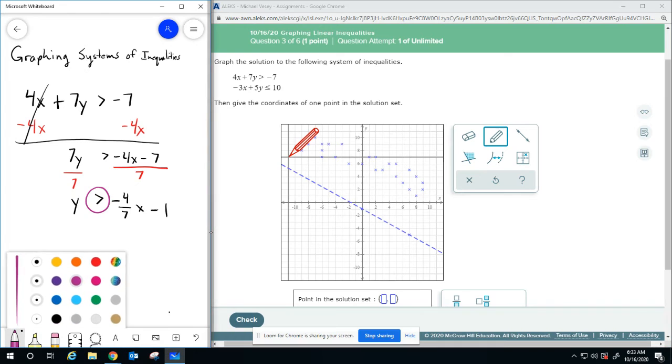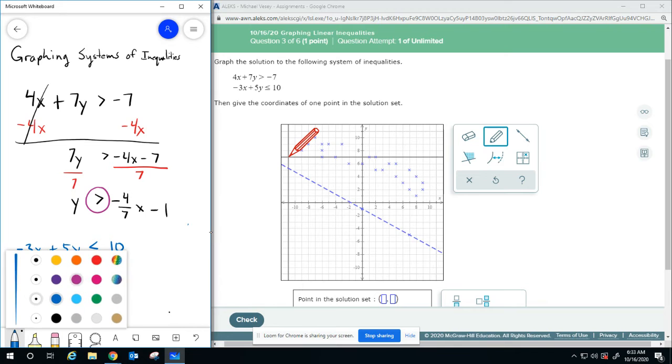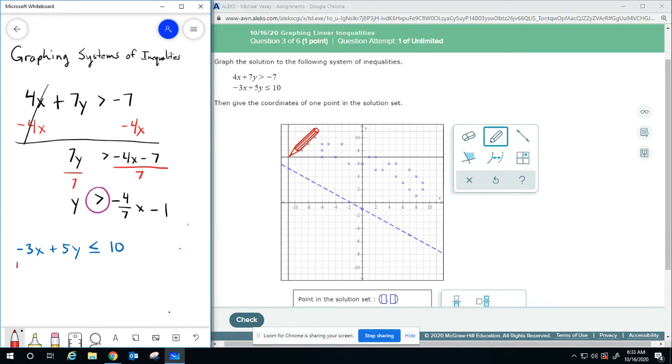So let's go to the second inequality. Here we have -3x plus 5y less than or equal to 10. Just like the other one, I am first going to remove my x term from the left side.